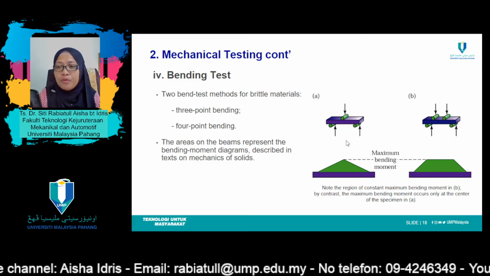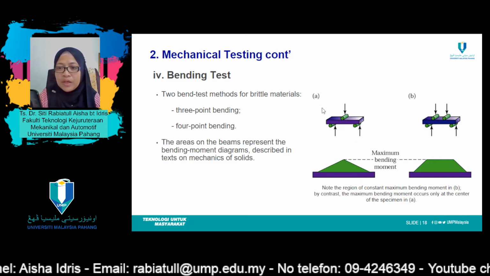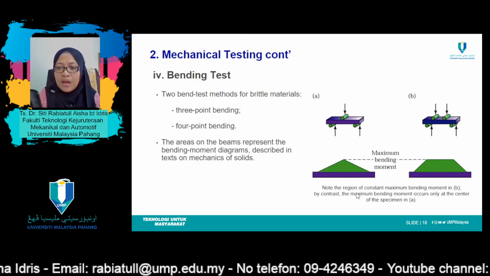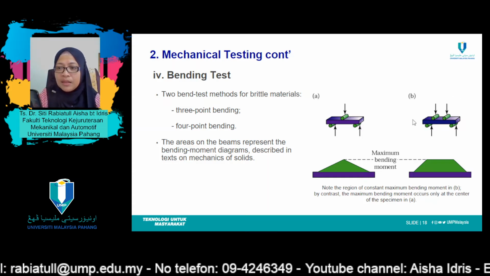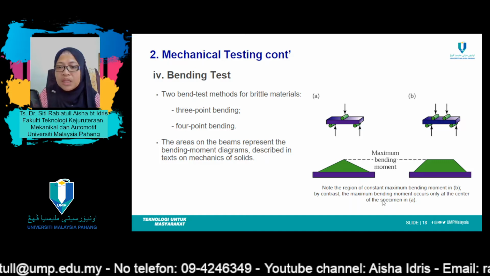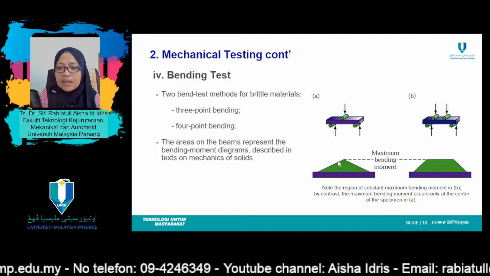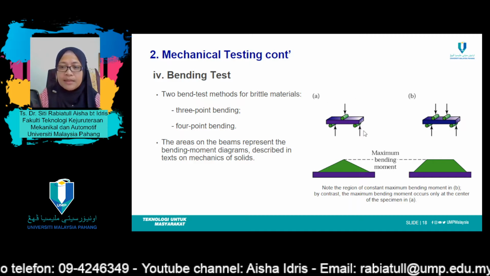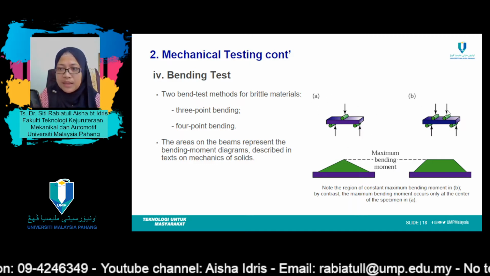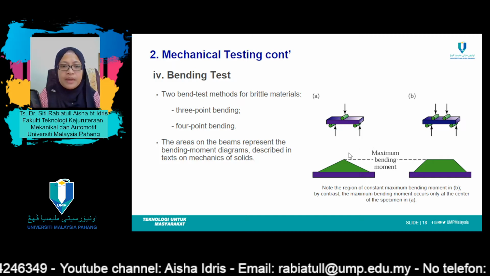If you refer to this illustration for A and B, the region of constant maximum moment is represented in figure B, whereas the maximum bending moment occurs at the center of the specimen for the 3-point bending test. This is the 3-point bending test, and this one is the 4-point bending test.